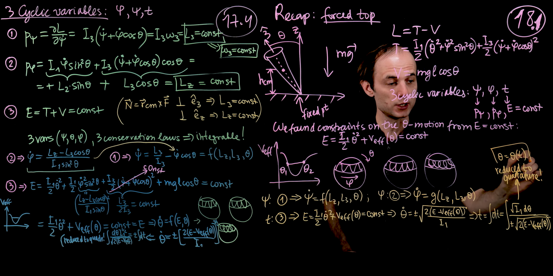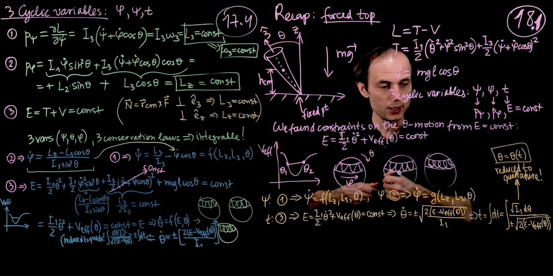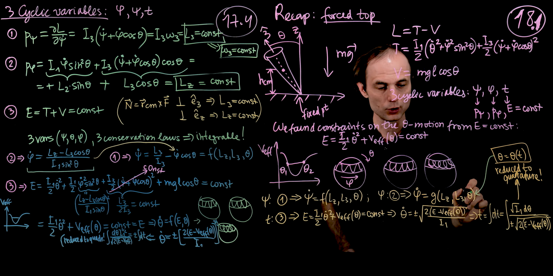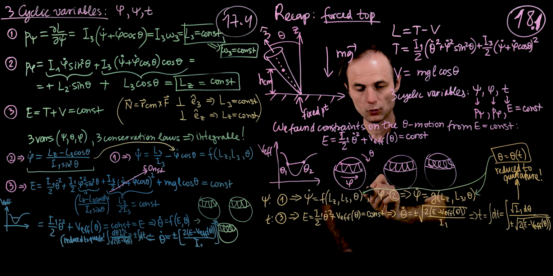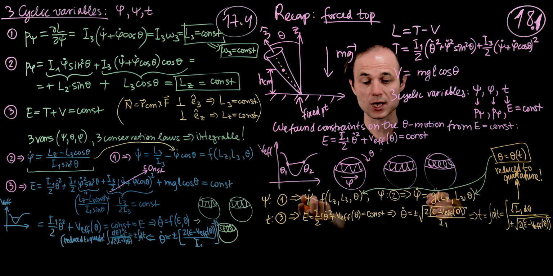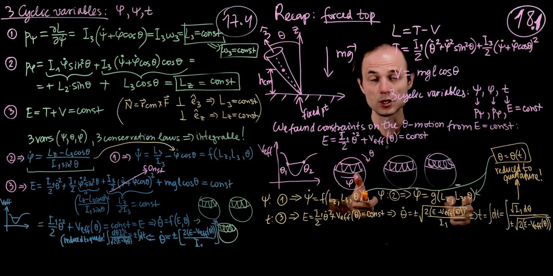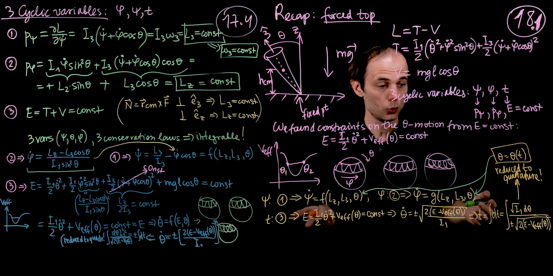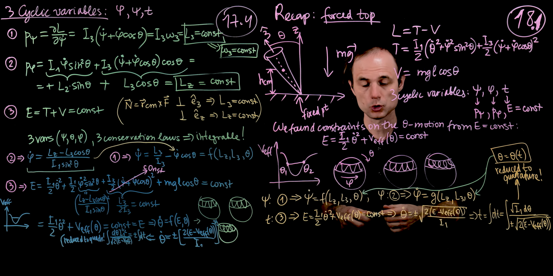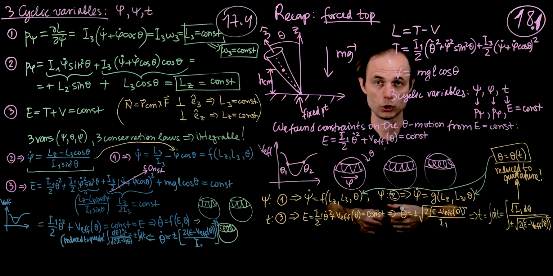Then knowing this solution, we can plug it back into both of these equations over here and over there, and therefore we will be able to express psi and phi as functions of time, because the only unknown, theta, is now known because we have reduced it to quadrature. So the whole system is reduced to quadrature.